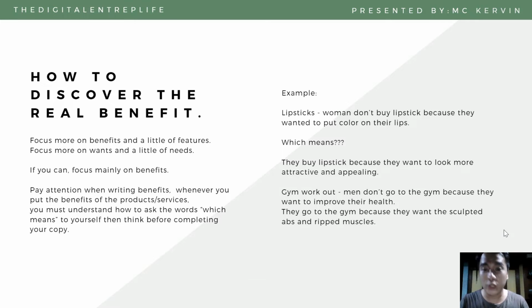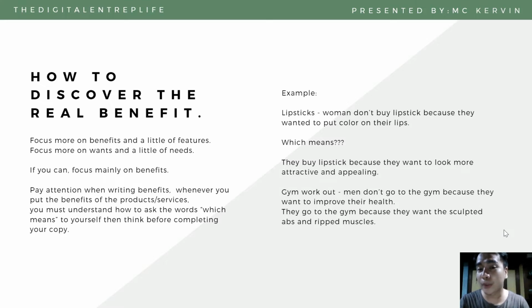And you have to ask yourself "which means." Okay, so I know it's really hard to think of it as of now, but I'm going to set an example like this one: lipsticks. The product is lipsticks. Women don't buy lipsticks because they want to put color on their lips. Which means they buy lipsticks because they want to look more attractive and appealing.